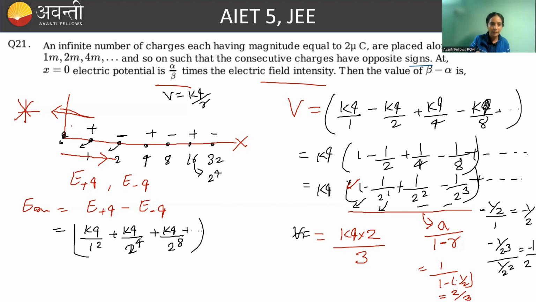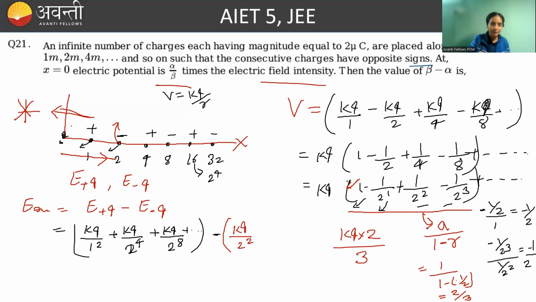Okay, and for minus q, if you are going to write for minus q, do the same thing. Okay, so we are moving very slowly, and that is for your convenience, so that you can easily see it. Now minus charge, first minus charge is placed here, so this will be equal to kq by 2 square.